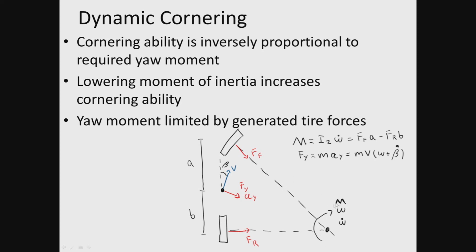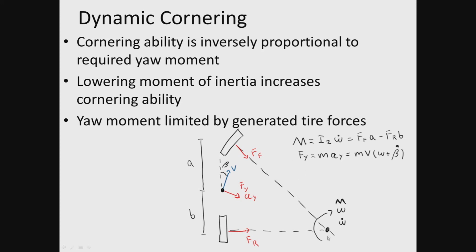And the moment generated around this turning center is now going to be a function of the angular acceleration, which is our omega prime term here, the derivative of omega being your angular velocity. You need to know the angular acceleration and the moment of inertia through the center of gravity of your car, which is your Iz term there.